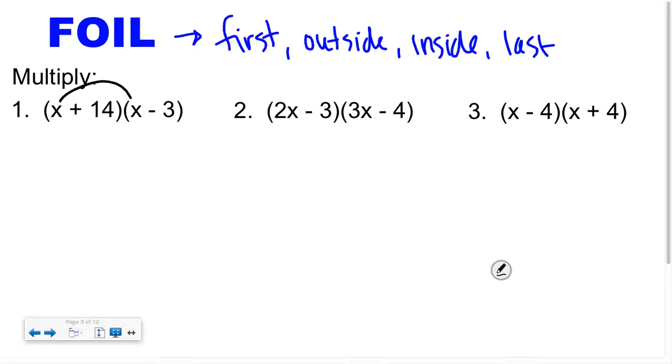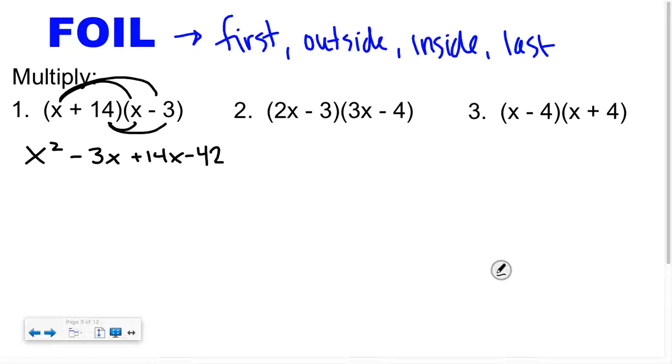Outside terms: x times negative 3 is negative 3x. The I stands for inside terms, so that's 14 times x, which is positive 14x. The L is your last terms, so that's 14 times negative 3, which is negative 42.